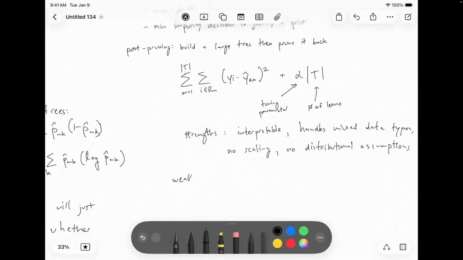And the big weakness is high variance. So what does that mean? That means small changes can lead to very different trees.